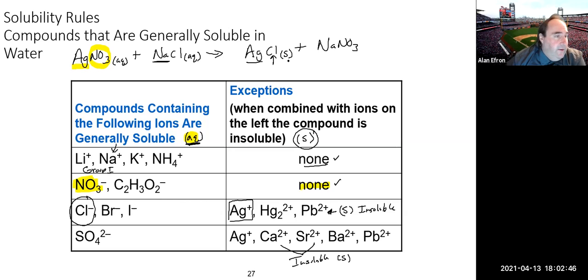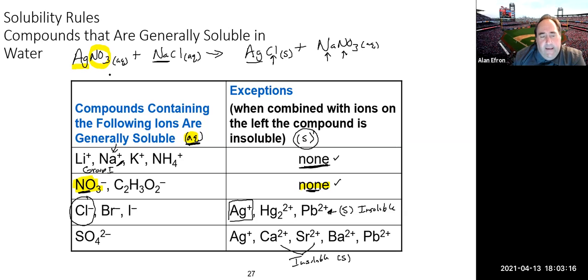That's how we know the silver chloride is a solid. I look right here at sodium, and that is pretty much as far as I need to go. There are no exceptions. I could even look at nitrate if I'm not convinced at that point, and again, nitrate has no exceptions. They both tell us that this guy would be aqueous. Questions on using those rules?